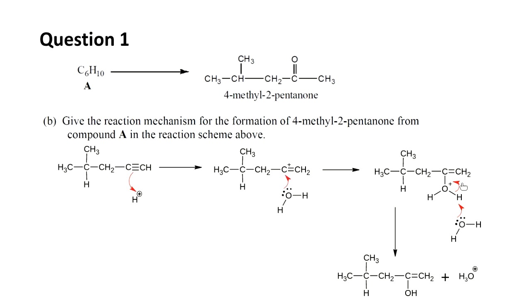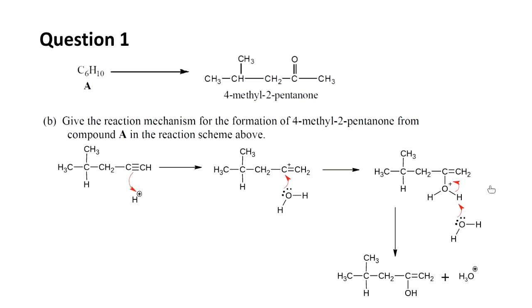Then we have addition of water, and we have oxygen here being positively charged because of an extra proton attached. The molecule of water comes in and removes the proton. So at the end of the reaction, we have formed an enol. So how do we convert the enol to the ketone? Any volunteers to the whiteboard?